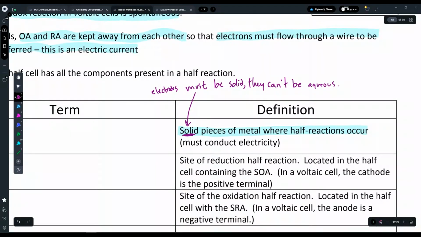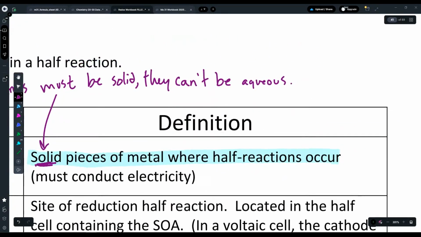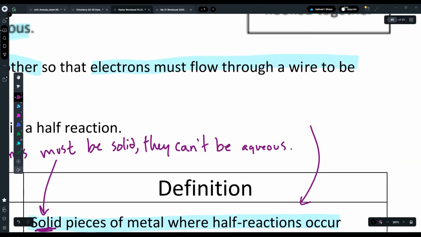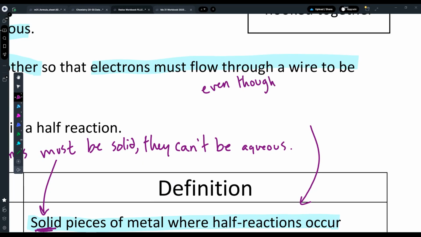Okay, now the only exception to being a metal would be that you can have a carbon electrode, because even though carbon is a non-metal, it still can conduct electricity. So I'm going to actually write that as carbon solid.